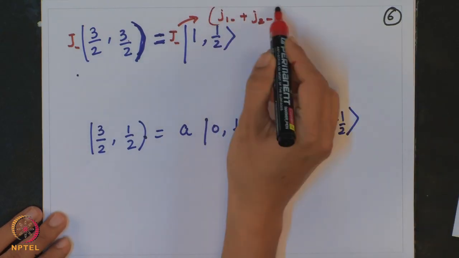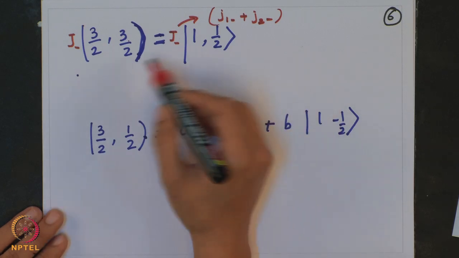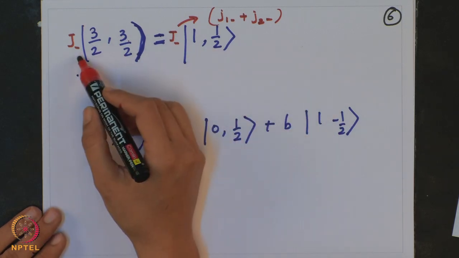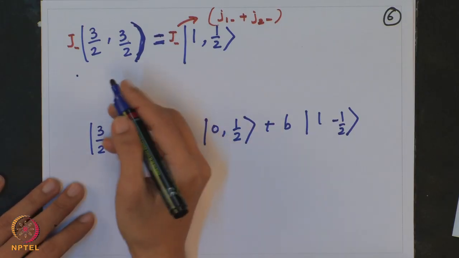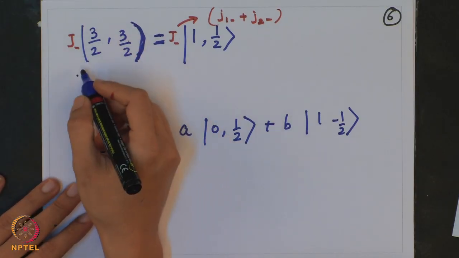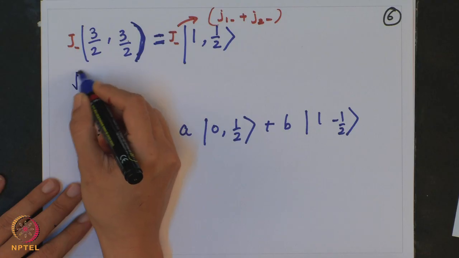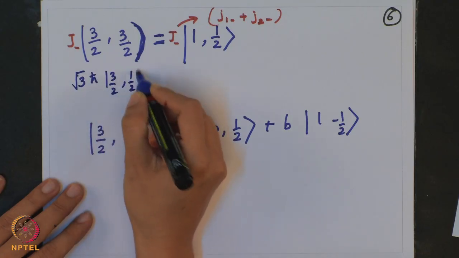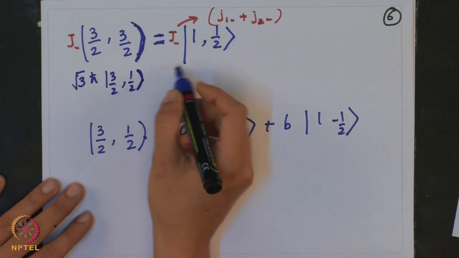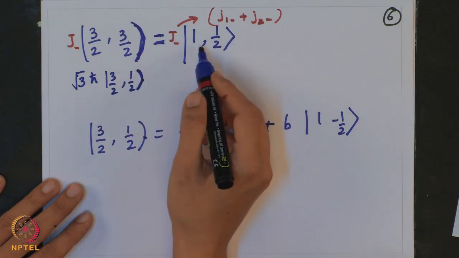This is what you are going to do in this step. This term is very easy to check because you can easily calculate the coefficient of this. This will come out to be 3h cross, 3 by 2, half.